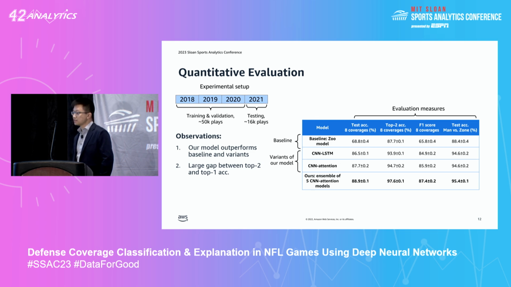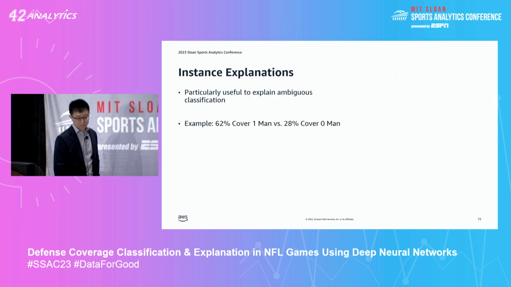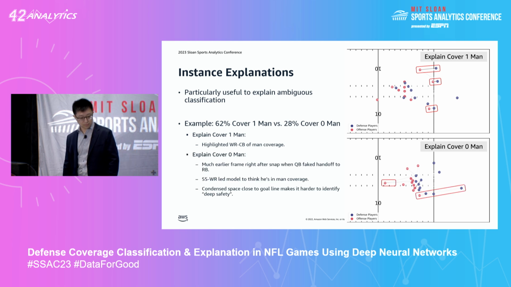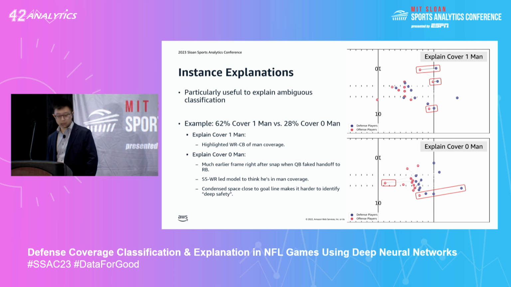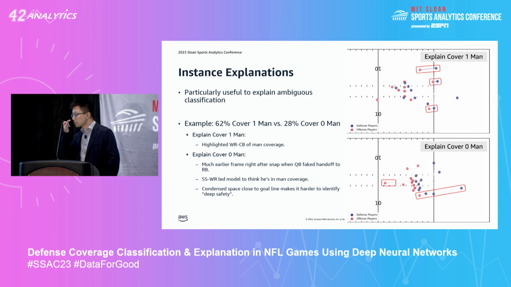Also to piggyback. If you go to the slide where you have the instance explanation between cover 0, cover 1. So one of our approaches, I think this will get you well over 90%, is we do a model like this, then we bolt on top a set of rules that identify obvious situations. And they don't solve all the problems, but they'll help.